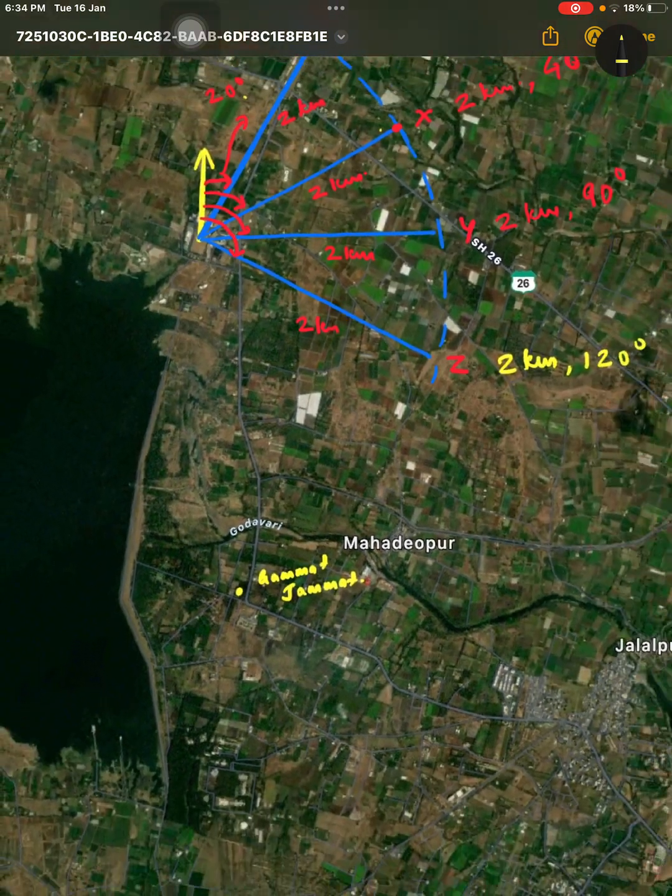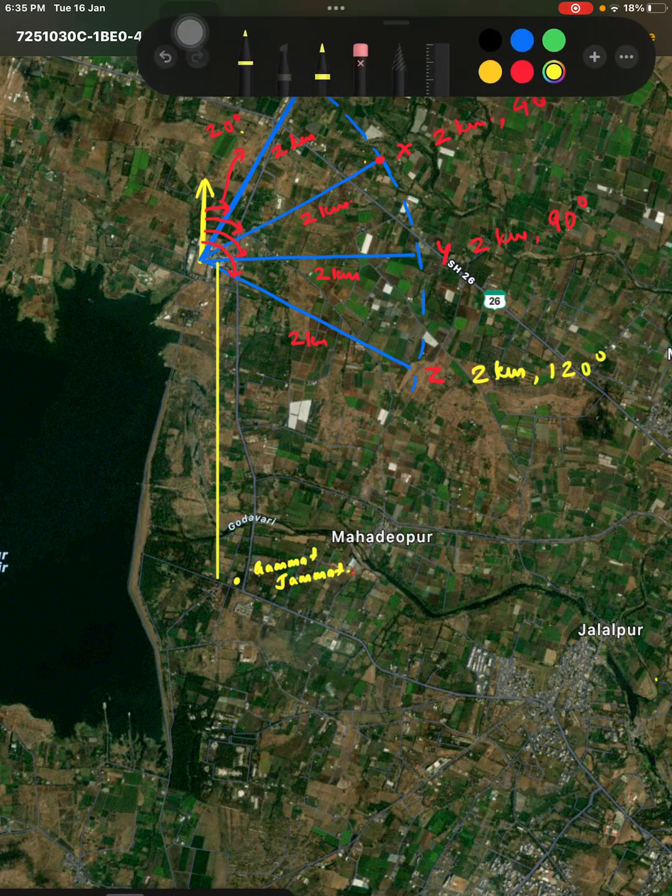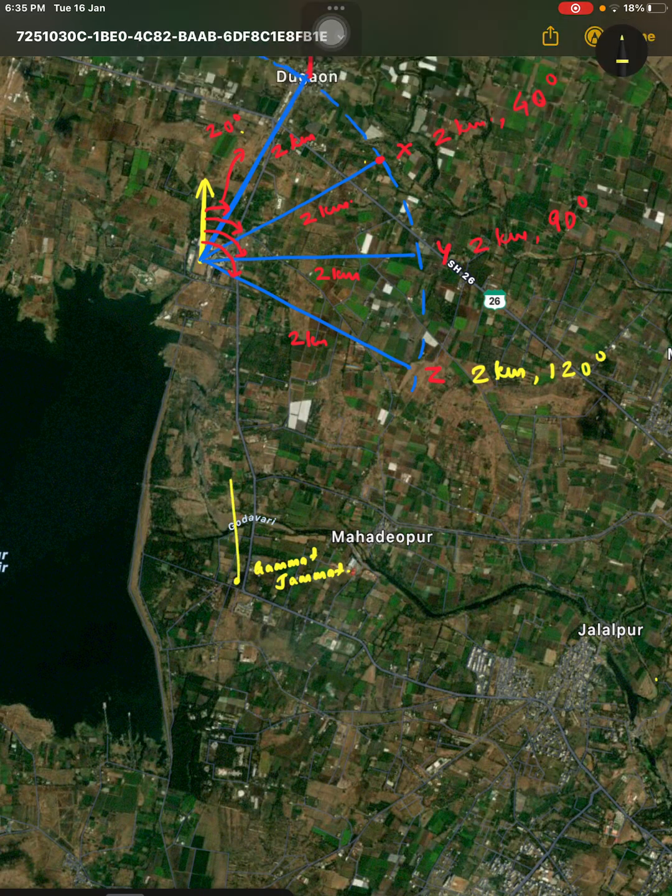Sorry, a little off, pardon me on that. Let me just redraw that for you.